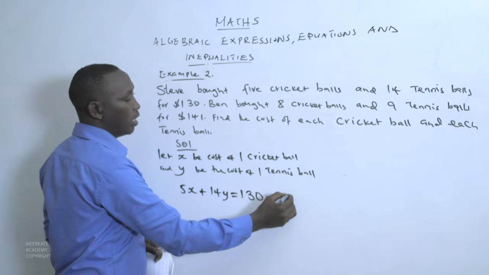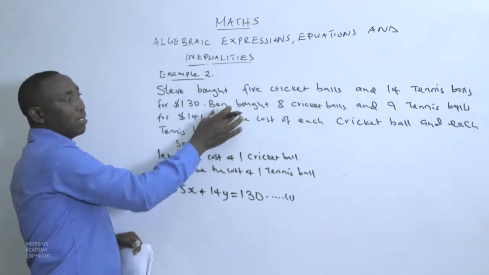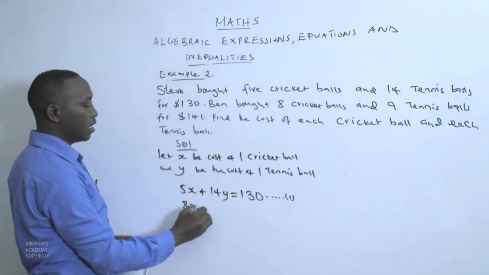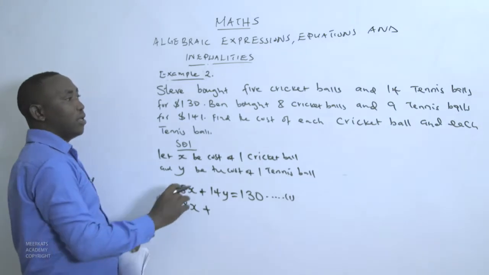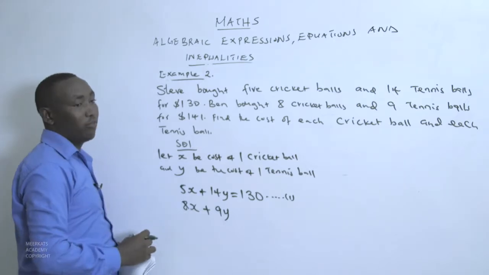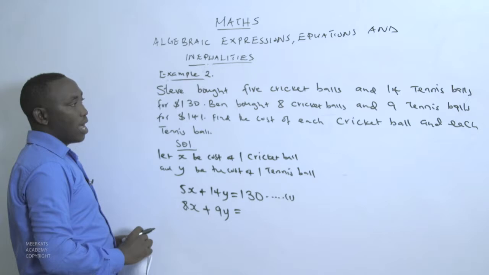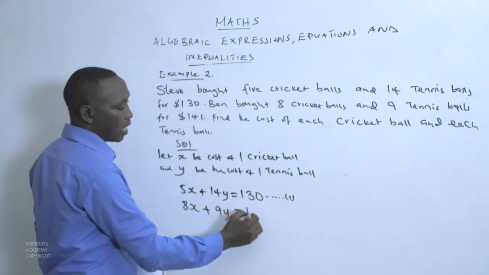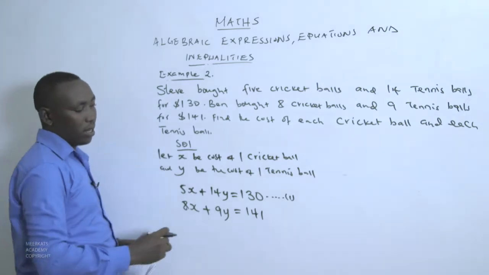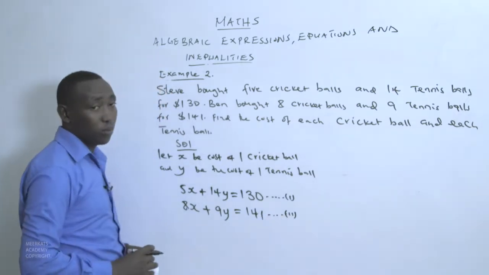So this is our first equation. Ben also bought 8 cricket balls, so he spent a total of 8x, plus he also bought 9 tennis balls. That means he spent a total of 9y. A total expenditure for Ben added up to $141, and this is our equation 2.